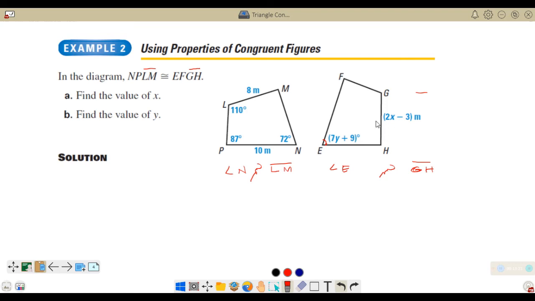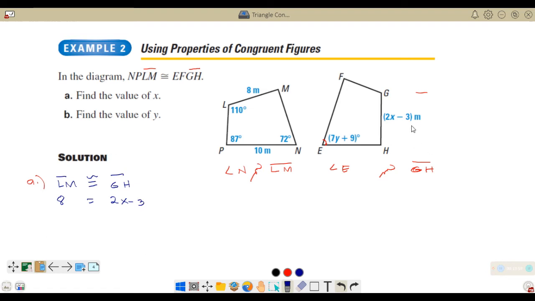Okay? So, now, let's find the value of X. Ang X natin ay gagamit ng GH. So, for A, find the value of X. We will make use of the idea that segment LM is congruent to segment GH. Using properties of equality, we know that LM, which is 8 meters, is equal to GH, which is 2x minus 3 meters.